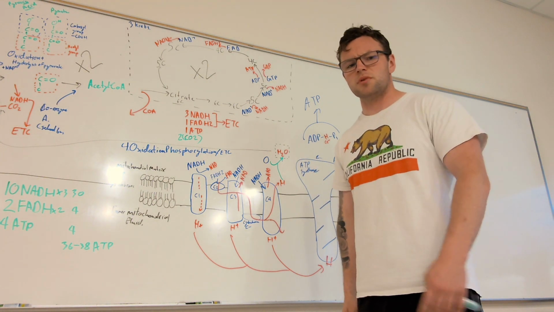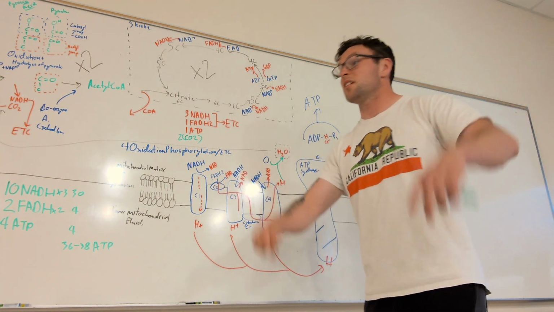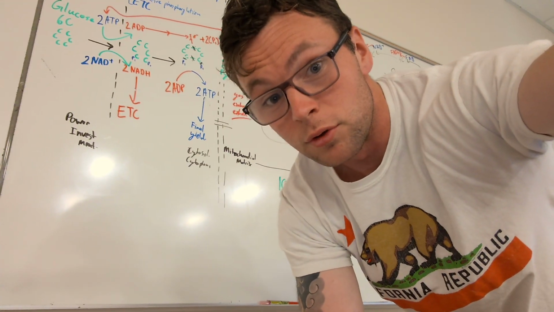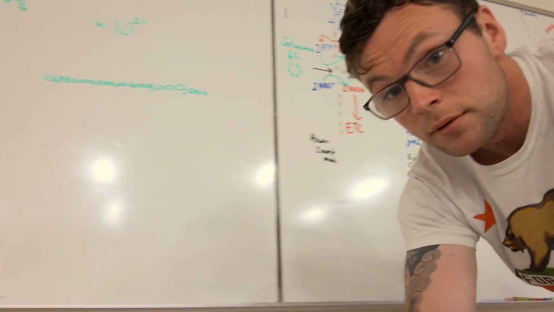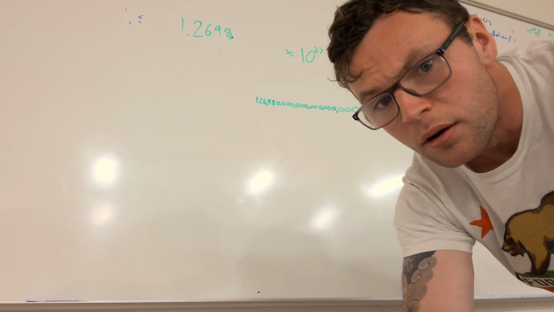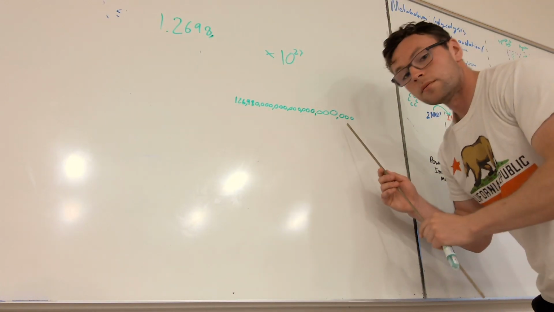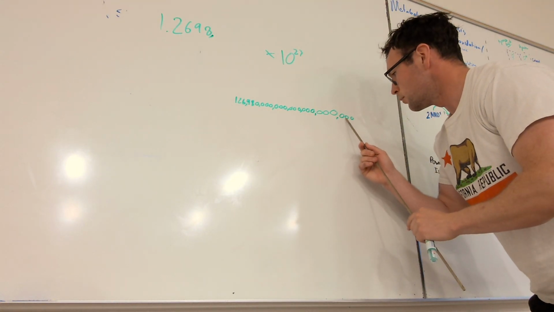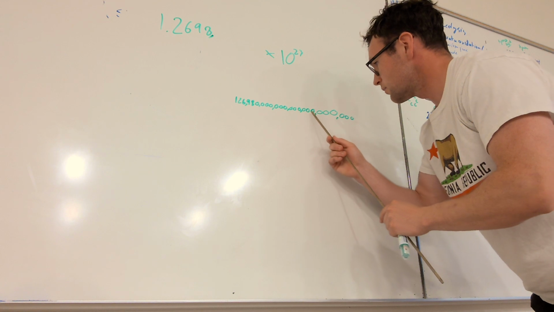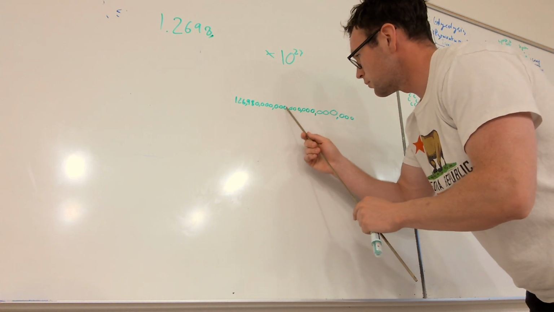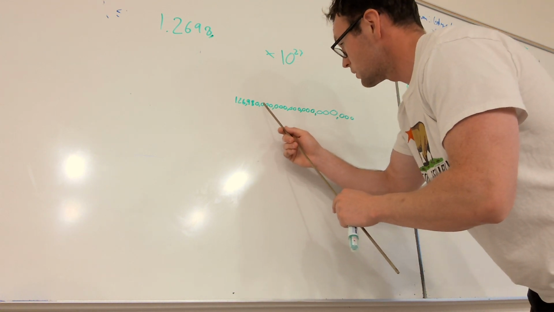Where's all this ATP coming from? We expend a lot of ATP. How much ATP do we expend for every gram of glucose that we get? One, 2, 3, 4, 5, 6, 7, 8, 9, 10, 11, 12, 13, 14, 15, 16, 17, 18, 19.